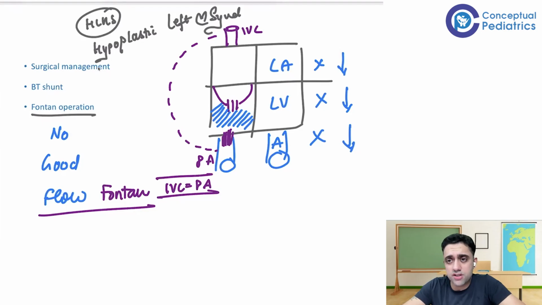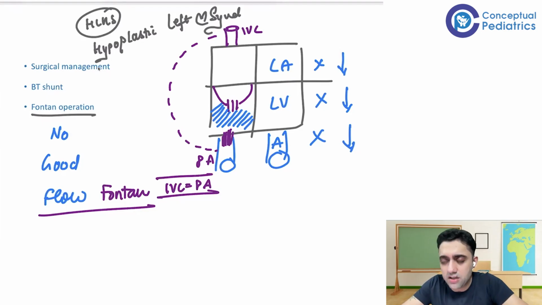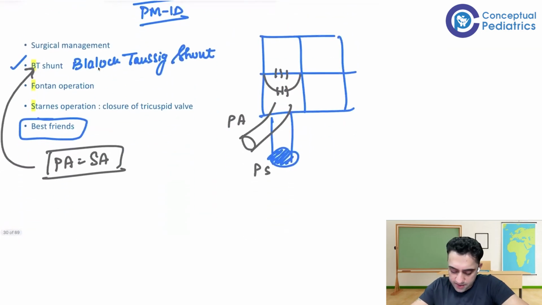So somewhere I have to push the blood into the pulmonary artery. How will I do that? I will directly connect my inferior vena cava to the pulmonary artery, known as the Fontan operation. So that prevents right ventricular issues. Same as the Blalock-Taussig shunt, which is focusing on the pulmonary artery, the Fontan operation also focuses on the pulmonary artery.